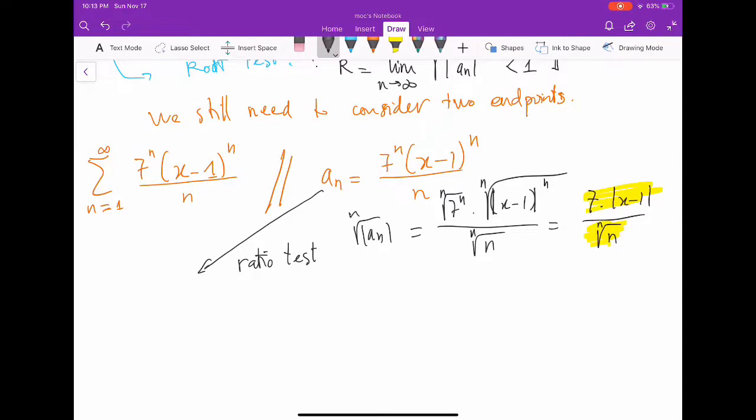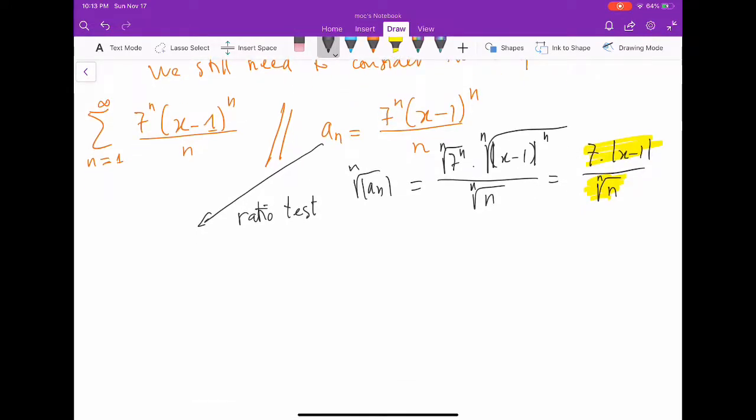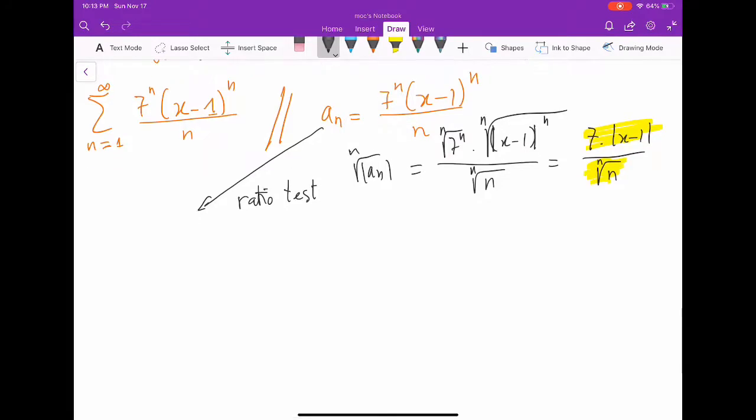If you don't get that from the beginning, you might try both, and then choose the suitable one for you. So for the ratio test, you need to find a_(n+1). Right here, instead of n, you have n plus 1, you have 7 to the n plus 1, and then you have (x minus 1) to the n plus 1.